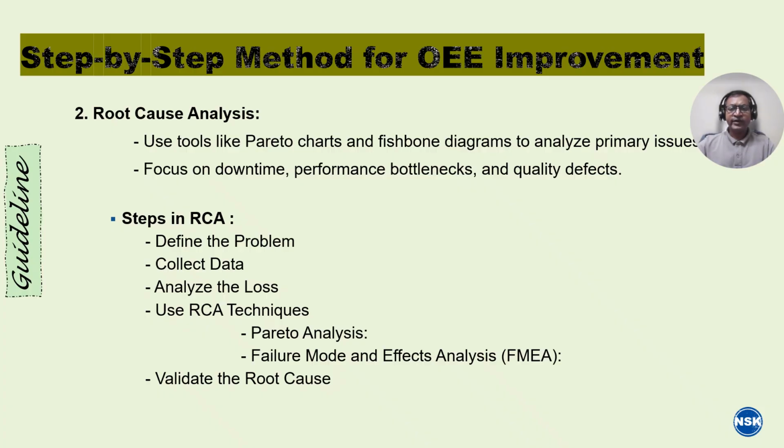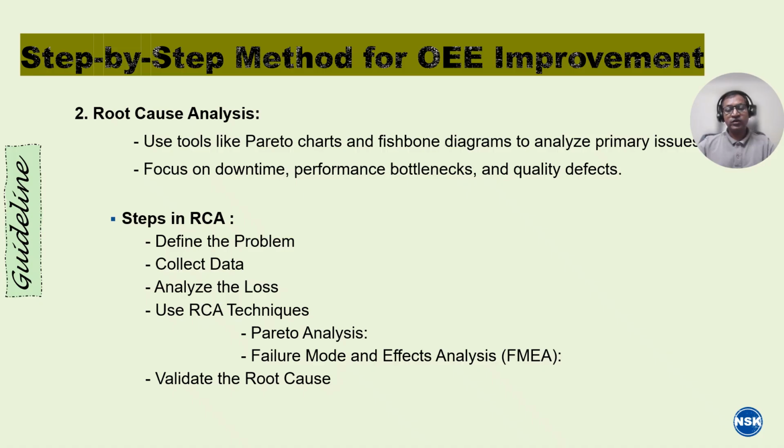Break down the OEE loss into its components to isolate the problem. Availability loss: unplanned downtime, breakdowns and changeovers. Performance loss, as we know: slow cycles, minor stops or suboptimal speeds. Quality loss: defective products or reworks.